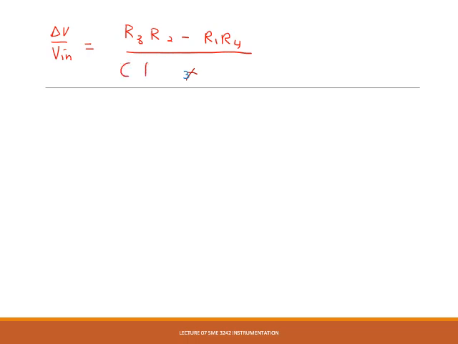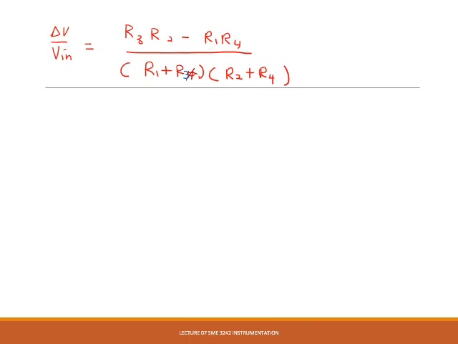I hope so. Alright, so this is the full equation for the Wheatstone bridge. Last time my mistake is I wrote R4 here, not R2. So it's actually R3 R2 minus R1 R4.